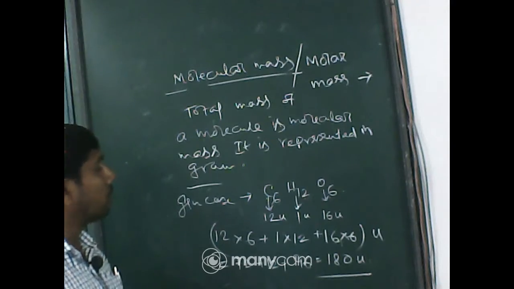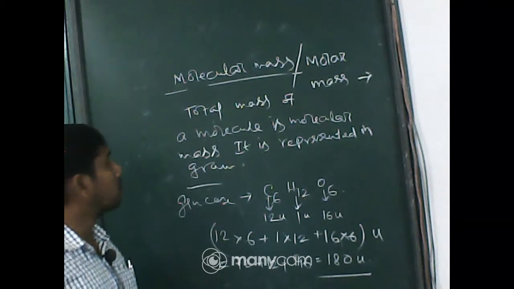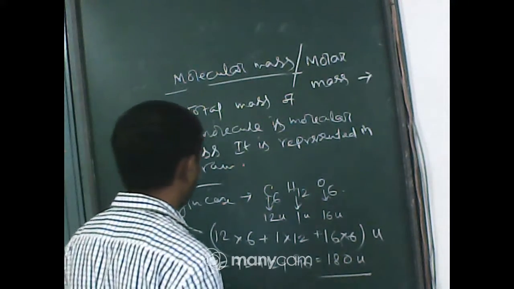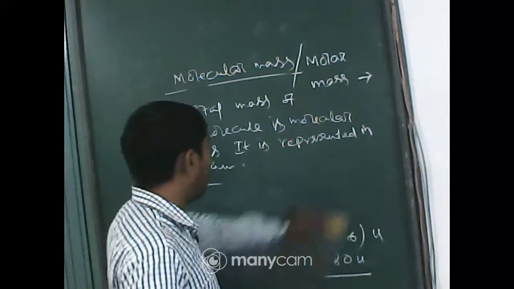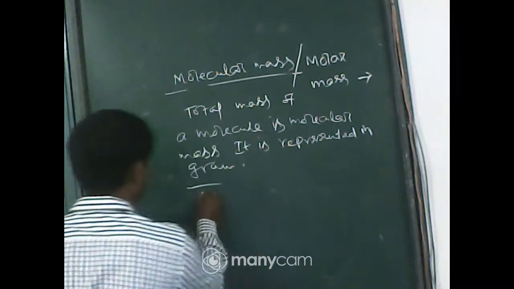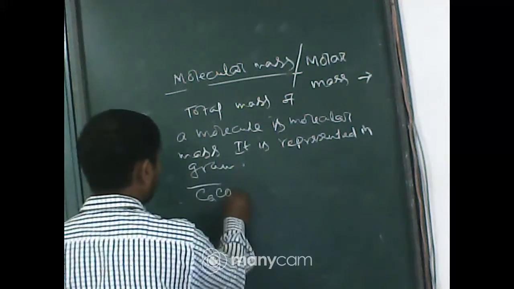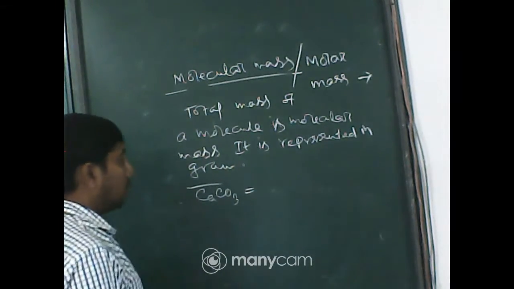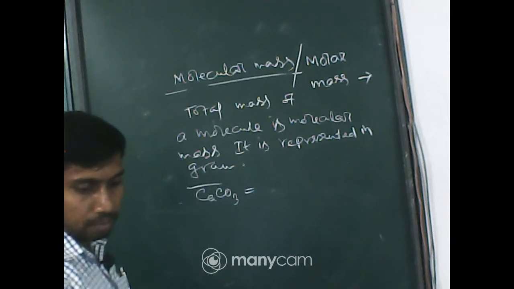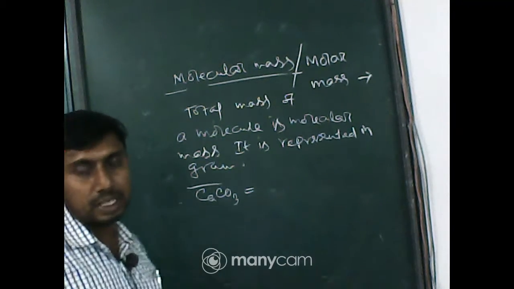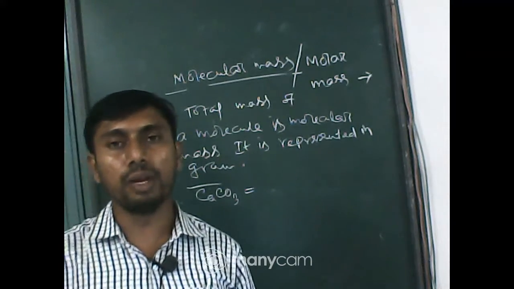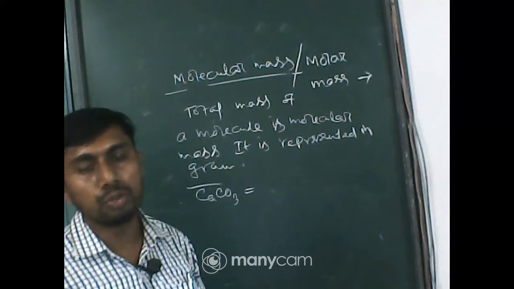So in this way you will calculate this. Suppose calcium carbonate is given. Calculate the molecular mass of calcium carbonate. Calcium carbonate, that is CaCO3. Now the atomic mass of calcium, yes, you can take the decimal, but here when we represent it, we will get the full number, that is carbon equal to 12.